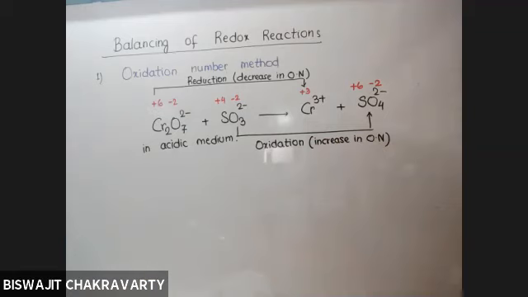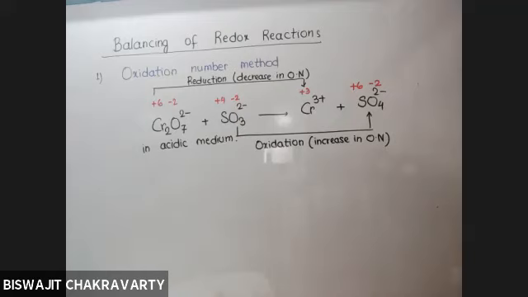Understood? Up to this much? Yes, sir. Okay. So we find out oxidation and reduction on the basis of increase and decrease in oxidation numbers, which are calculated individually for everyone.